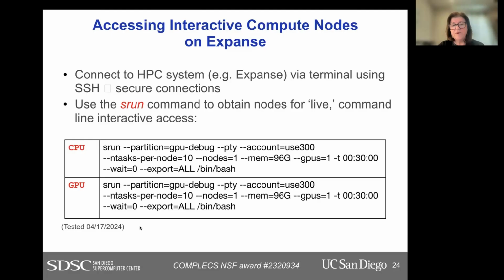And these examples, by the way, you can find them in the Expanse user guide, always the most recent version. So if you've been using anything and it's no longer working, go back to the user guide because it gets updated frequently. You have to ask for the number of tasks, the memory, number of GPUs, the time. And I noticed I have a CPU example here. I'll fix that when the talk is over. I'll get that updated.